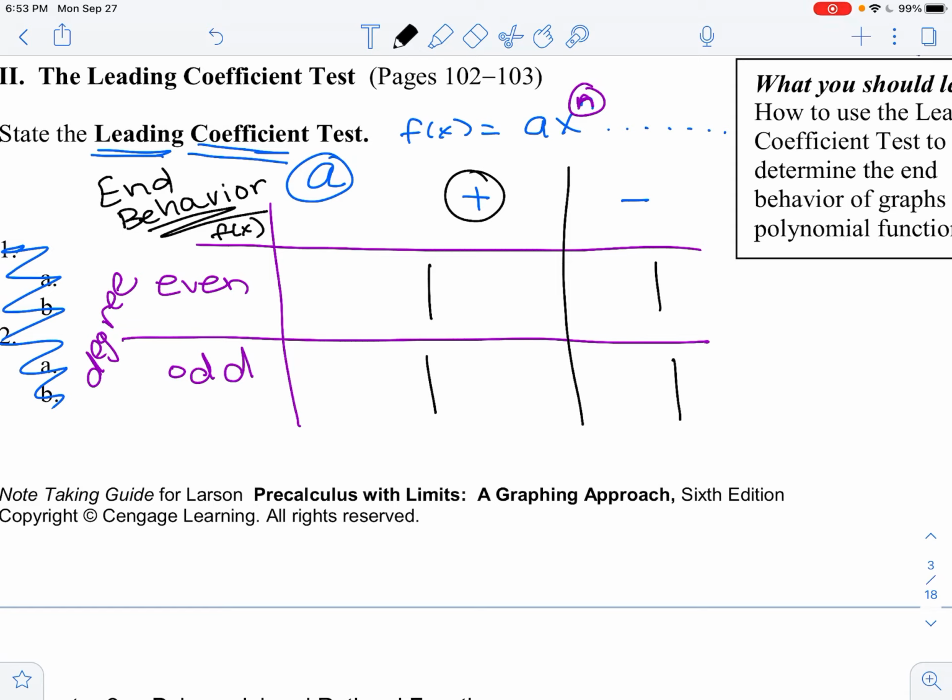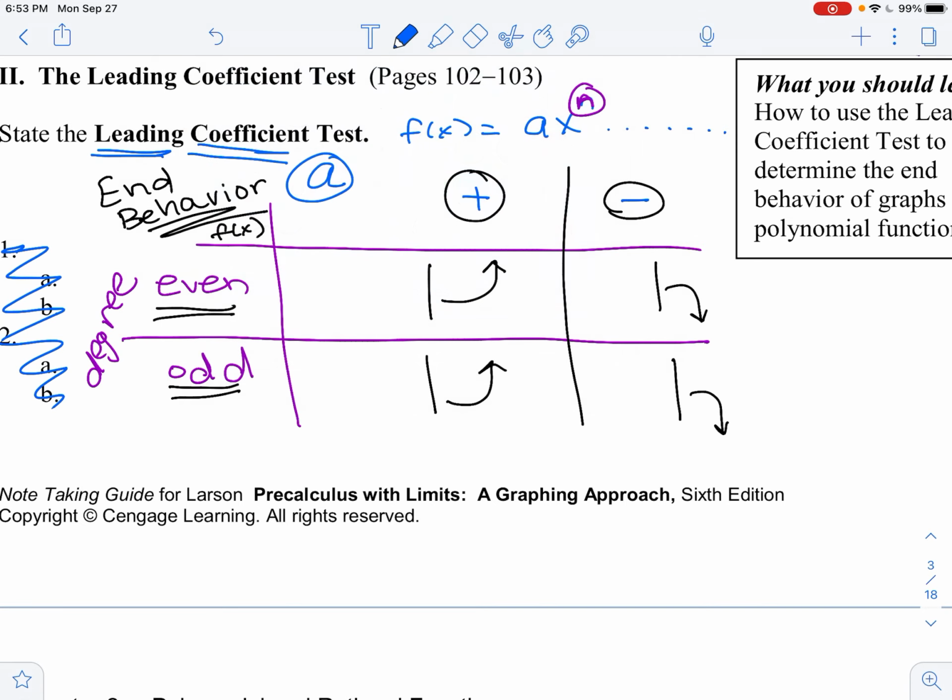It always ends to the right going upwards. So if it's even and positive, it goes to the right and up. Also, if it's odd and positive, it goes to the right and up. If it's negative, no matter what, it always ends down, just like our frowns. If they're even, they end up. If they're negative, they end down.